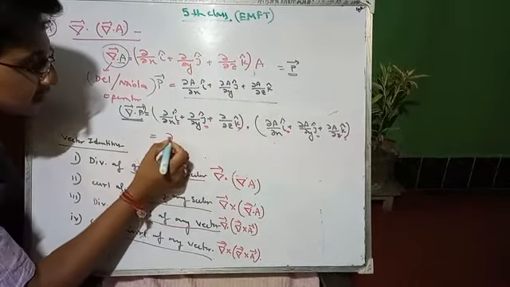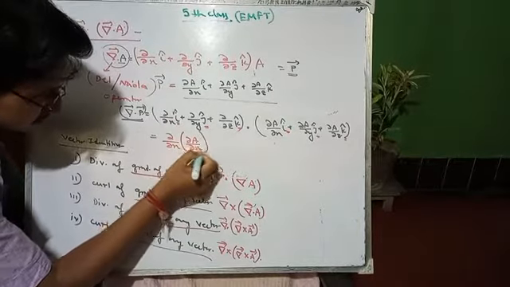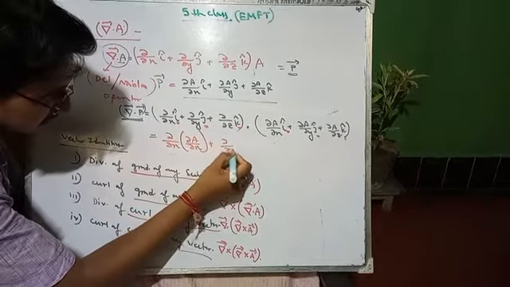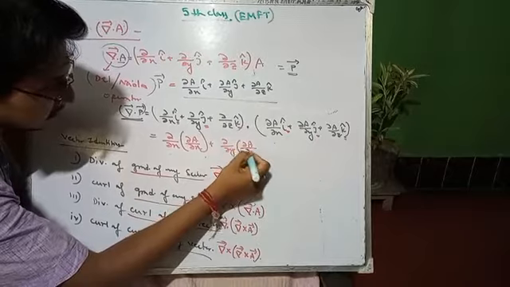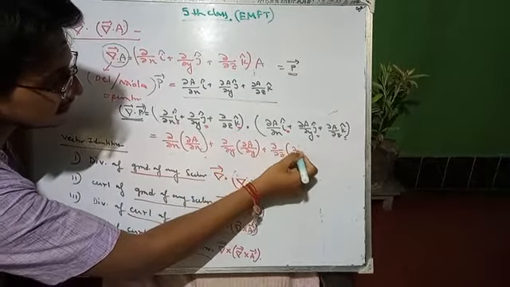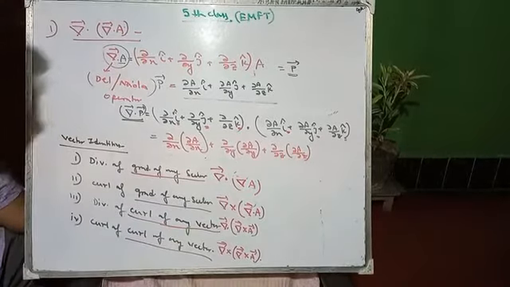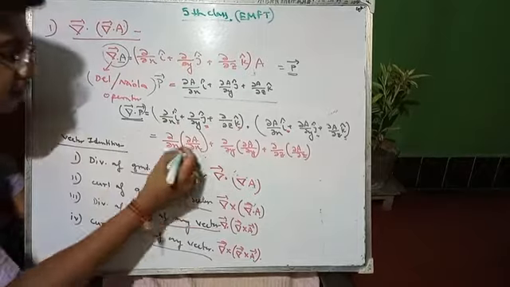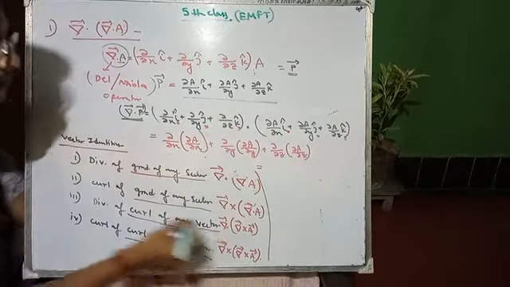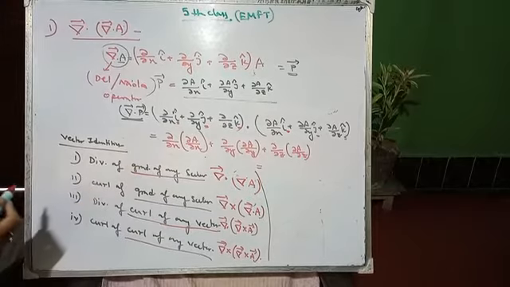So del x of del a del x, plus del y of del a del y, and similarly del z of del a del z. So no I cap j cap k cap will be present. Now what will be the answer? This one is a double partial derivative.